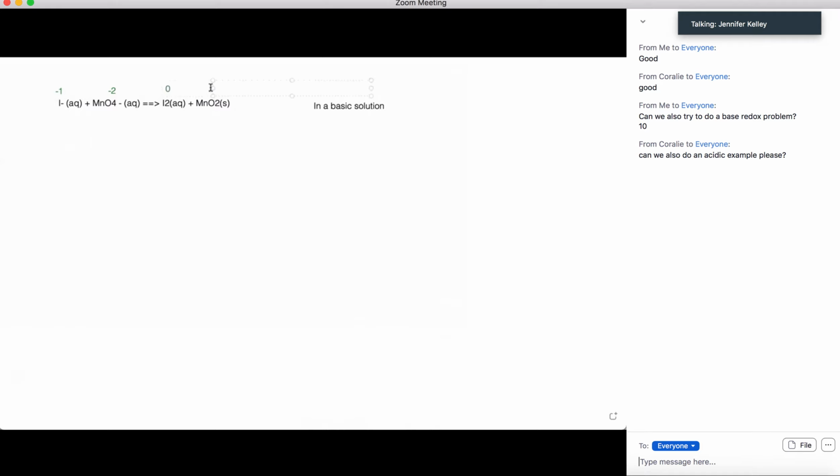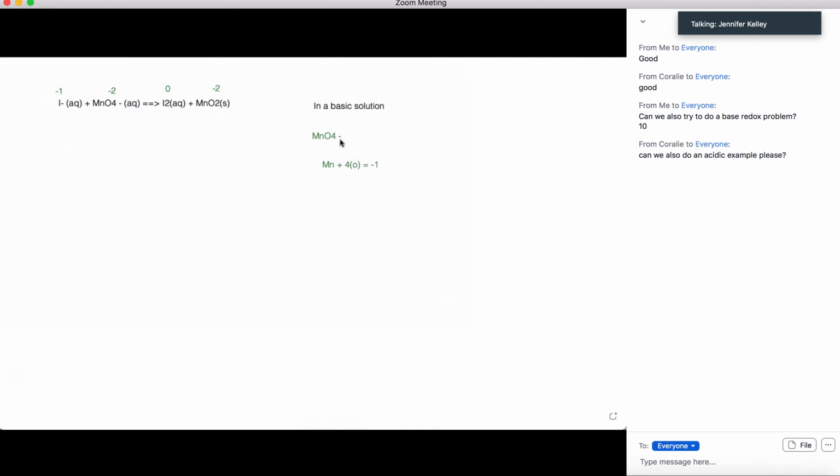And then over here, we've got the same problem with manganese. So we're going to assign oxygen's oxidation number. Over here to the right, we're going to calculate the manganese for MnO4 minus. So it's manganese plus 4 oxygens equals -1.